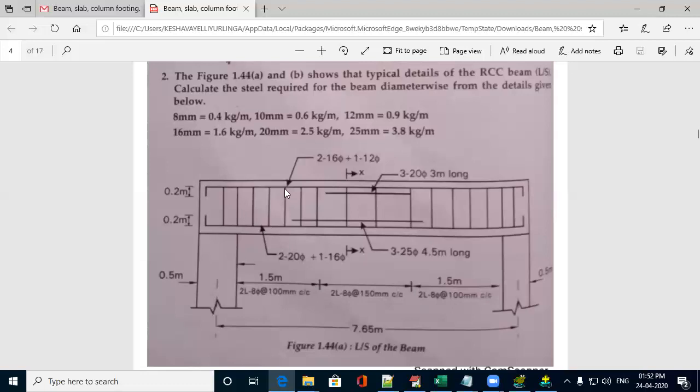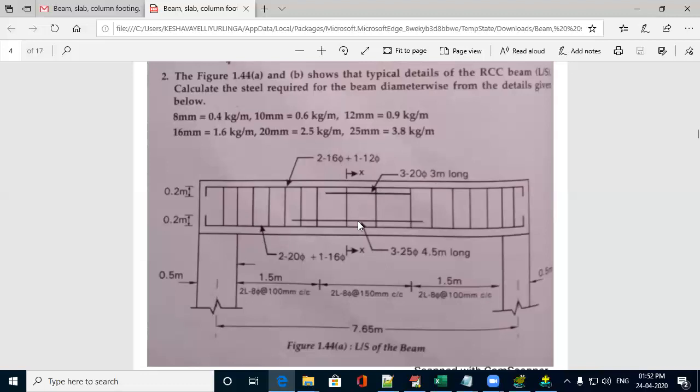You can see these top bars. At the top there are two bars of 16 mm diameter along with one bar of 12 mm diameter. And at the top, another additional three bars of 20 mm diameter, each 3 meter long.